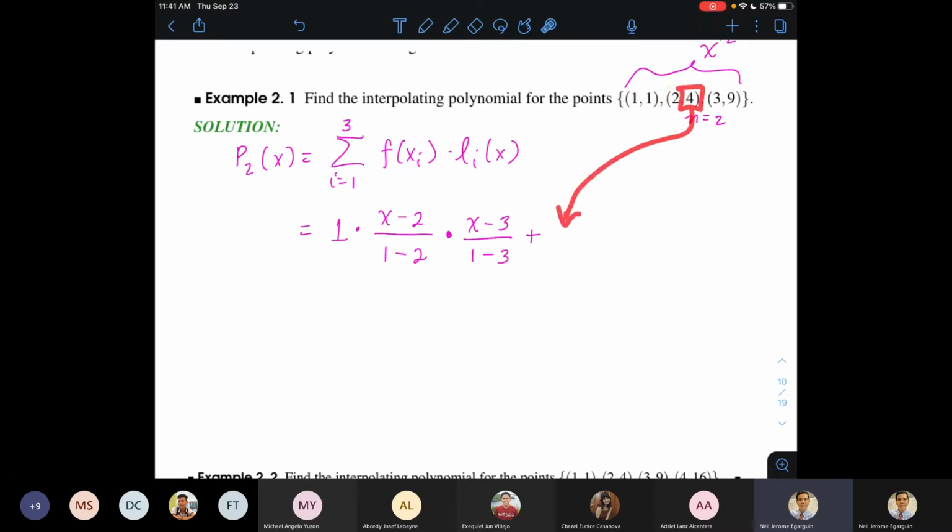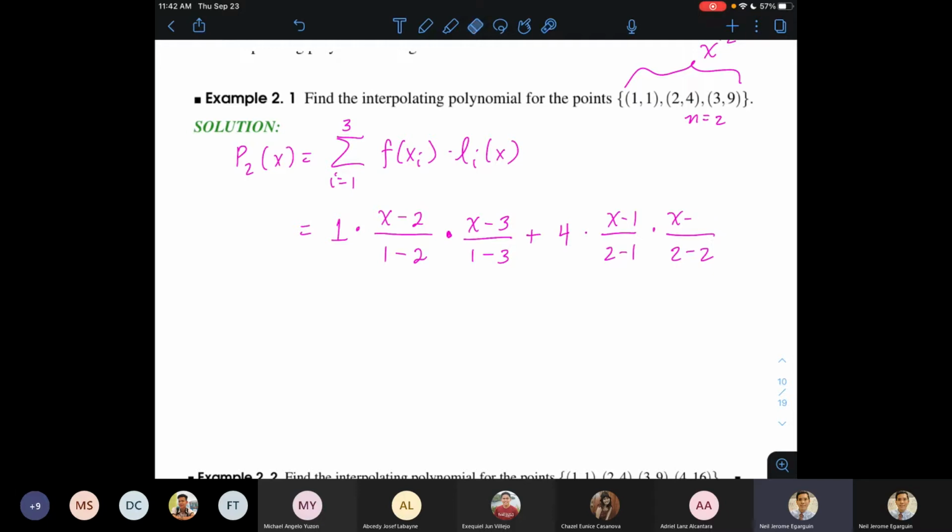So I'll have 4. This is my f of x2 times L sub 2 of x, the second Lagrange basis polynomial. So it's going to be x minus 1 over 2 minus 1. Again, ito ay yung second abscissa. Siyempre, i-skip ko yung x minus 2 kasi kung ilalagay ko yung x minus 2, magkakaroon ako ng 2 minus 2 kasi dapat yung mga subtrahend ay parehas.